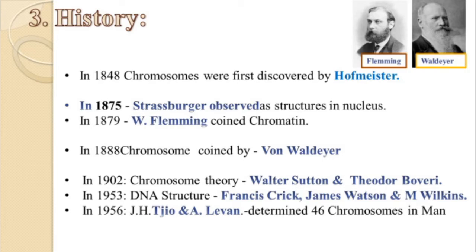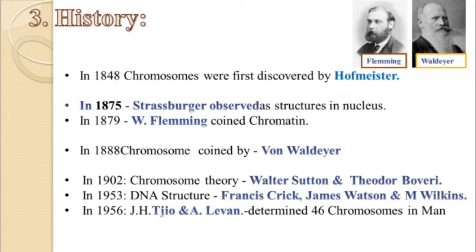In 1902, the chromosomal theory was proposed by Sutton and Boveri, and in 1953, the DNA structure was explained by Francis Crick, James Watson, and Wilkins. All these research findings tell the importance of chromosomes.